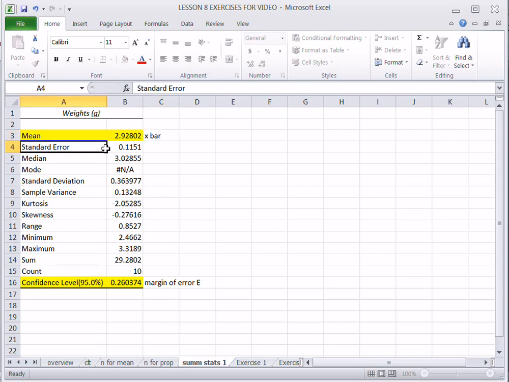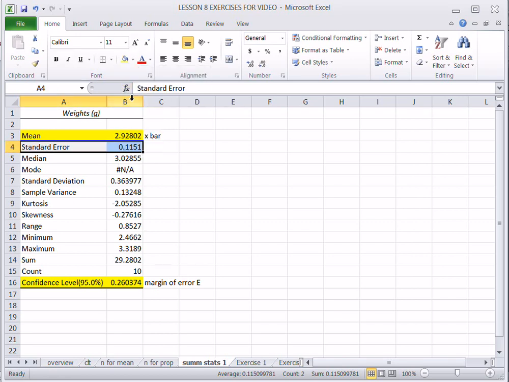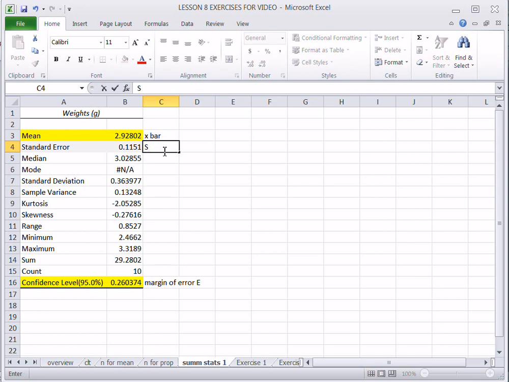Recall that I mentioned the standard error can be computed by taking the standard deviation and dividing it by the square root of n. So let's go ahead and do that to see how that works.